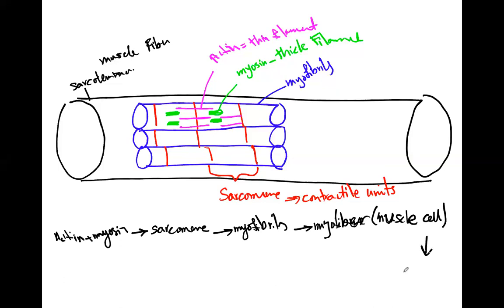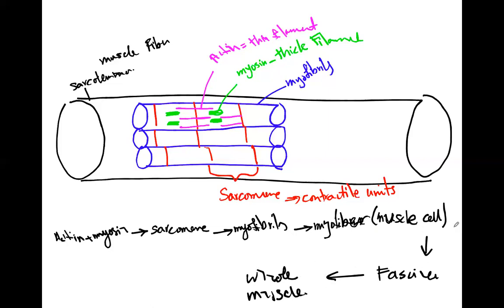Muscle cells are packed inside fascicles, and fascicles are packed inside my whole muscle. So basically, you're going from the smallest structure, which is actin and myosin, to the largest structure, which is your whole muscle.